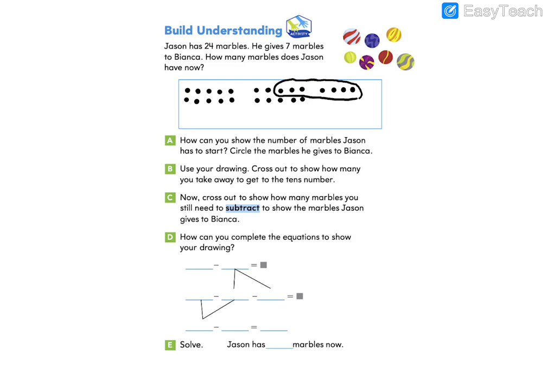Now, we're going to look at this as a group of 10. It asks us to cross out how many you take away to get to the tens number. So before I get to my tens, how many did I take away? I took away 4 before I got to my group of 10.